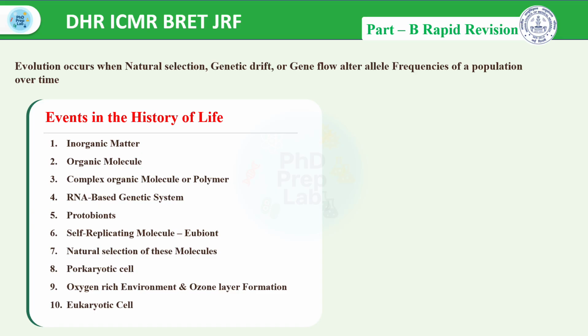Now, this event series is very, very important for any kind of JRF examination, whether it's ICMR, DBT, or even CSIR NET, because they definitely give you certain events. Suppose they give you inorganic molecule, organic molecule, protobionts, natural selection, prokaryotic cell, like that, and they ask you to arrange them in ascending order, what came first and what came last.